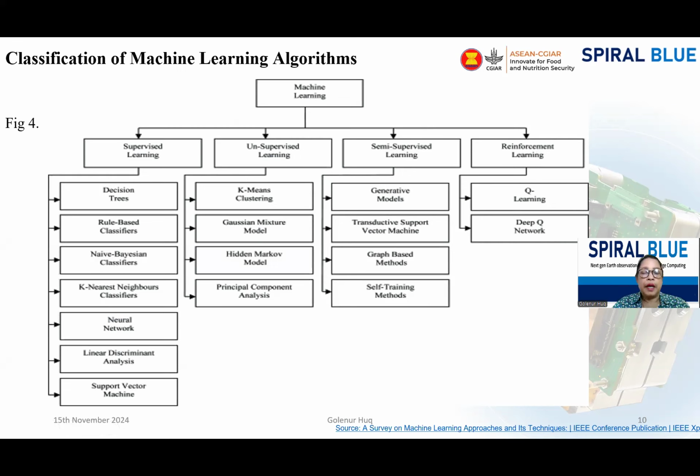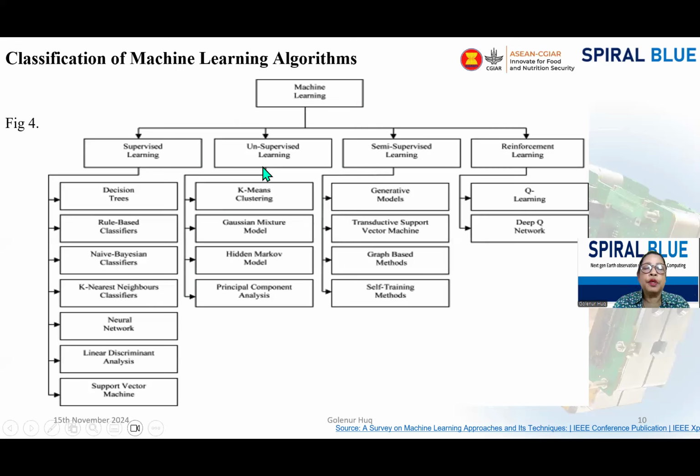Supervised learning is the machine learning task that infers a function from labeled training data. That means when we use supervised learning, we actually need to have our hypothesis, okay?